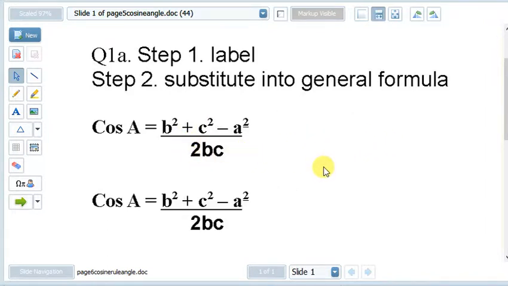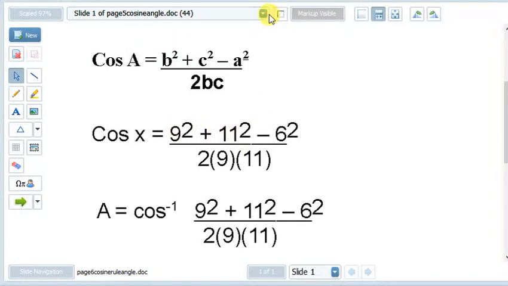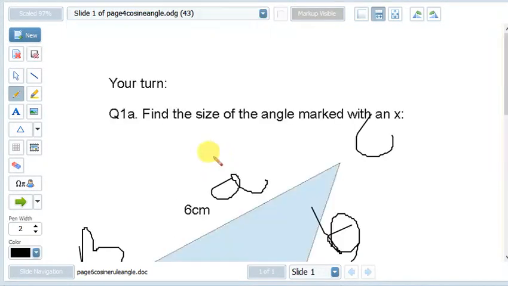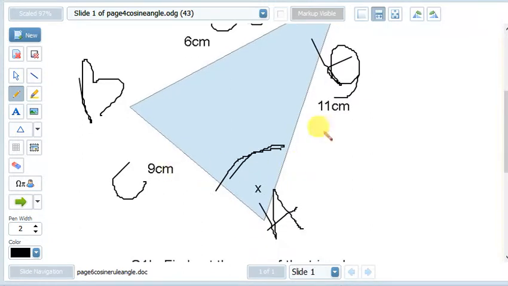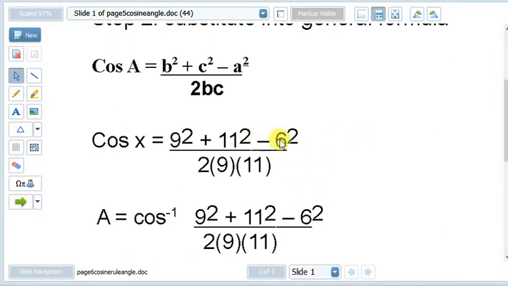So when we substitute into the formula, we've got cos x equals 9 squared plus 11 squared, and that should be b and c. So let's have a look. So 9 squared is c and b is 11, and then it would be minus 6.